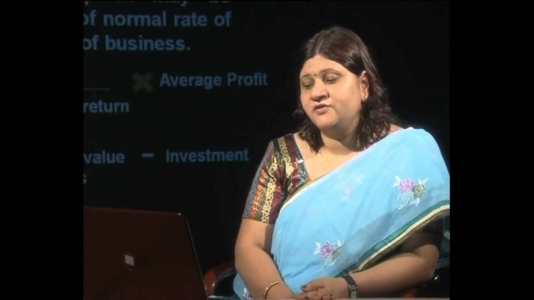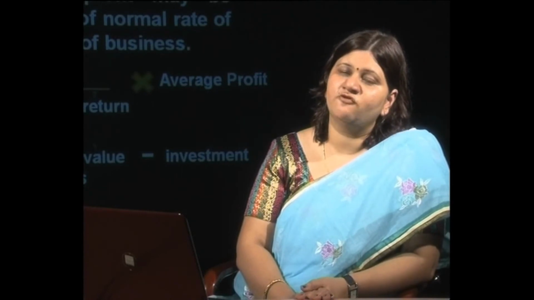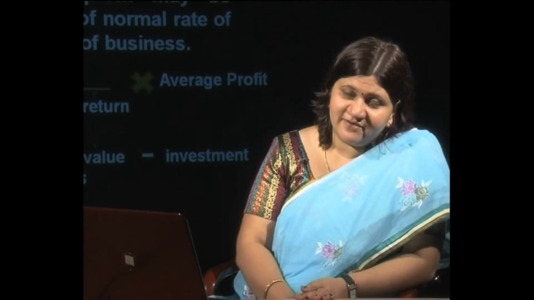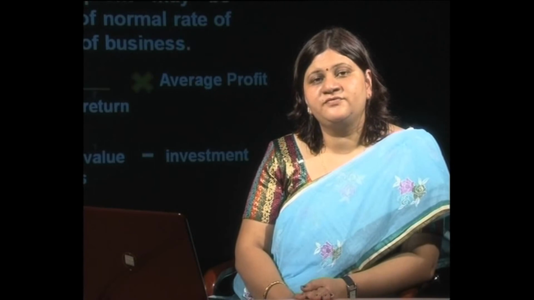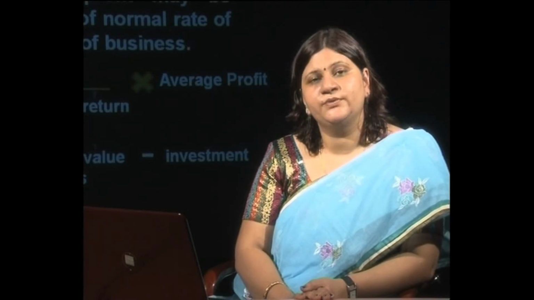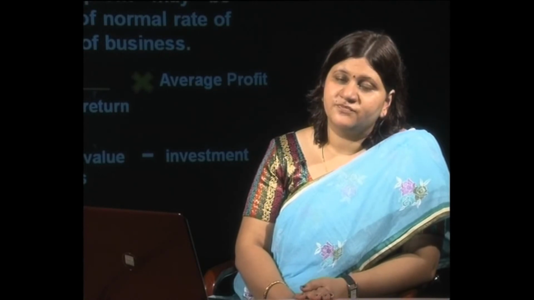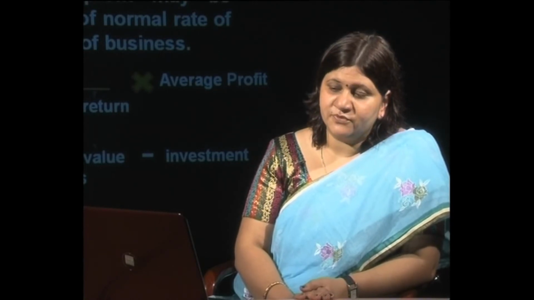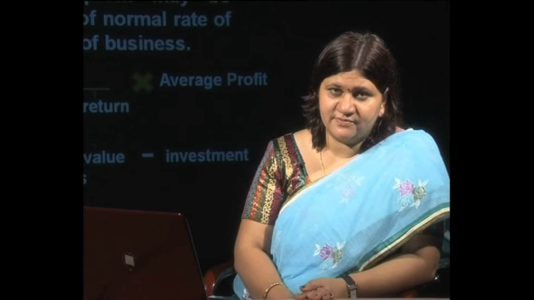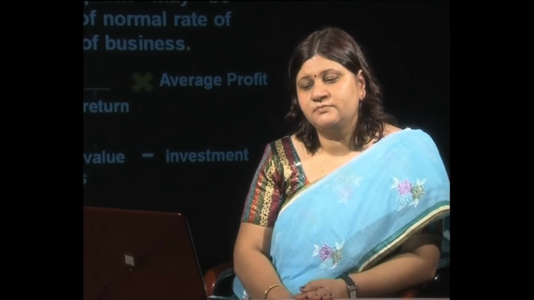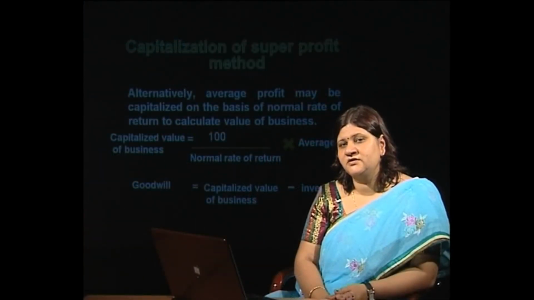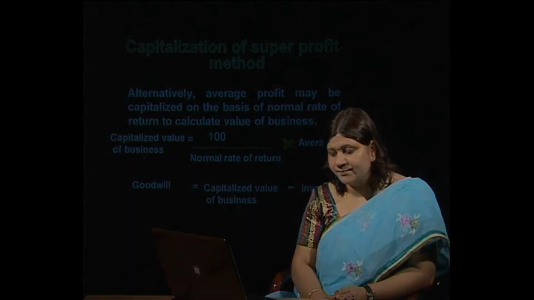And if our investments or capital employed is 4 lakh 50,000, 5 lakh minus 4 lakh 50,000 will give us the value of the goodwill, and that will amount to 50,000. So 50,000 should be computed when we follow these two steps, that is valuation of the business and the difference of the capitalized value of business with that of the investment so made.